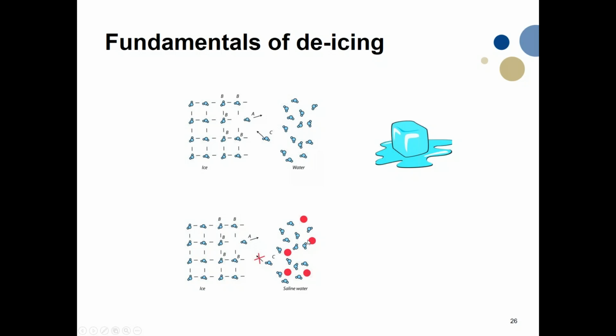So as long as the freezing point of this solution is lower than the temperature of the ice, people, or molecules, will go over from the ice to the solution. So we not only lower the freezing point, we can also actually melt at lower temperatures.